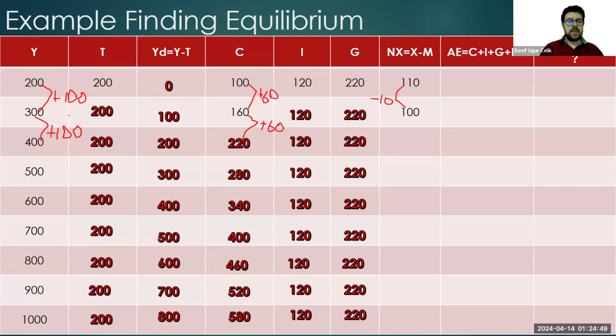So the income change is always 100, so the net export always decreases by 10. Okay. 90, 80, 70, 60, 50, 40, and 30.